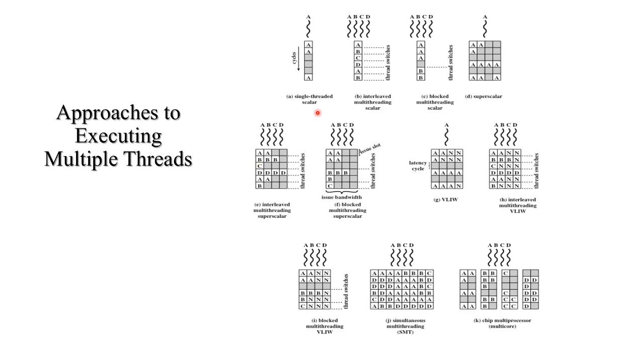So this given figure, based on UNG02, illustrates some of the possible pipeline architectures that involve multithreading and contrasts these with approaches that do not use multithreading. Each horizontal row represents the potential issue slots for a single execution cycle.